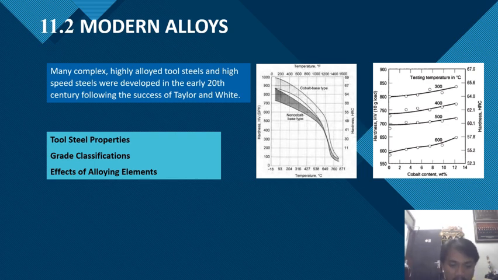And molybdenum serves as the main alloying element in the M-type grades of high-speed steel. It forms the same double carbide with iron and carbon as tungsten, but it has roughly half the atomic weight of tungsten.